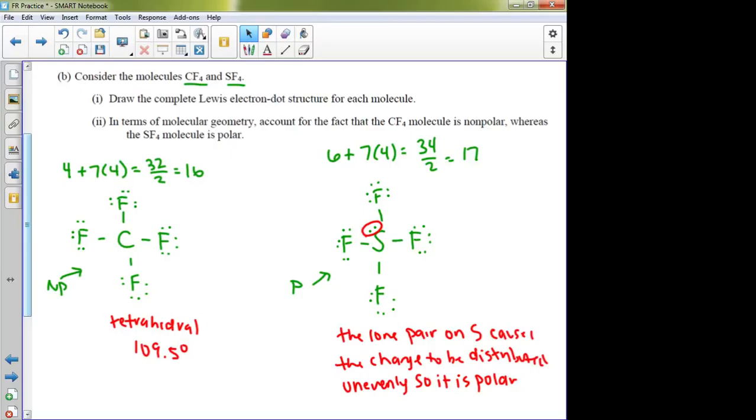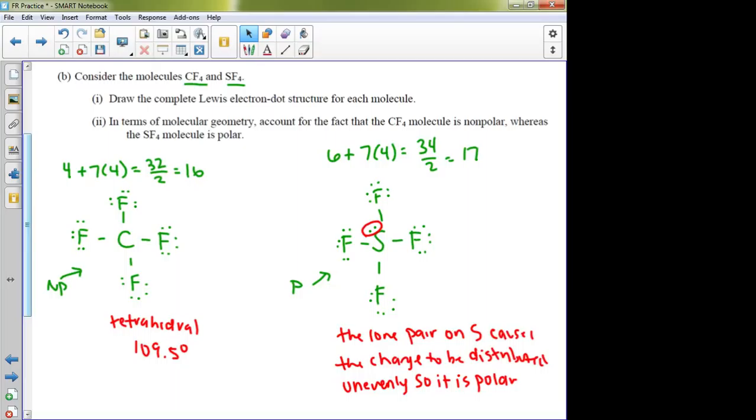Another way that they like for you to explain it is if you look at the CF4 molecule, y'all remember when we drew them 3D? If I cut this in half, it would be completely what? Symmetrical. That's when you know that the charge will cancel. Because if I cut it in half, it would be symmetrical.